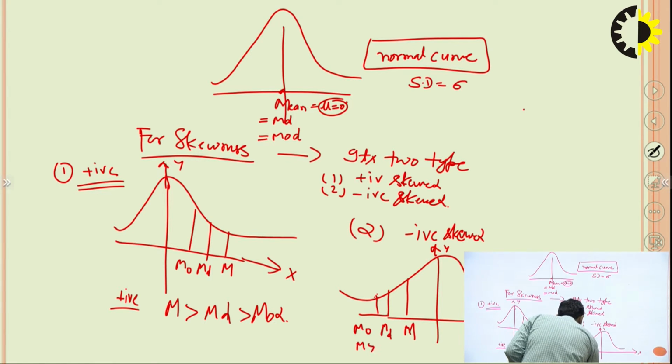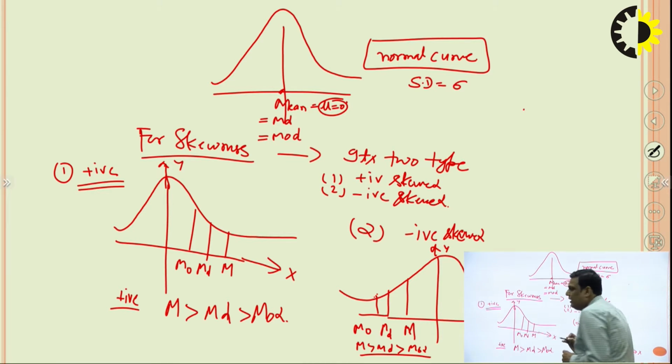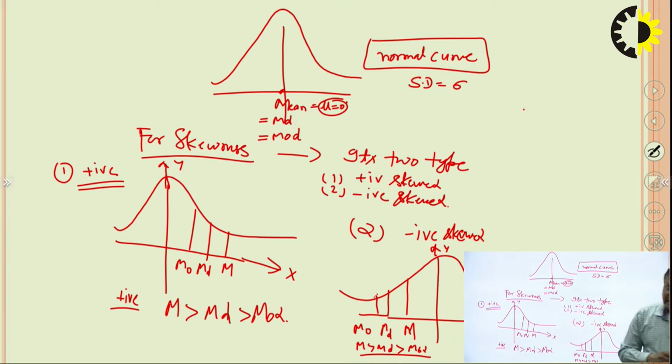In the negative axis, we know that a higher value is lesser than a lesser value. That's why here also, mean greater than median greater than mode. So it is a positive skewed and it is a negative skewed.